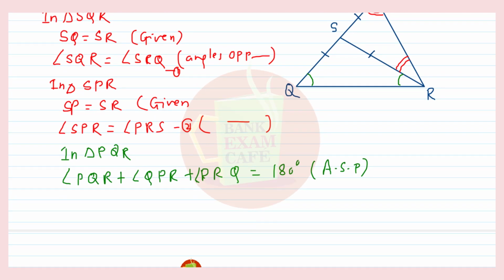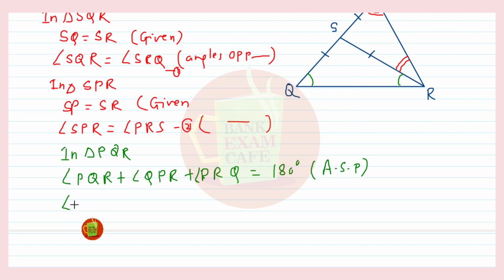But here if you see this angle R, PRQ, this angle can be written as angle SRQ plus angle PRS. So this PRQ I write as angle SRQ plus PRS.